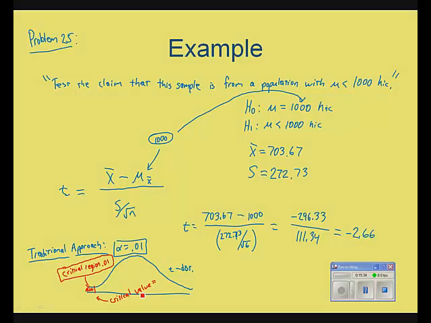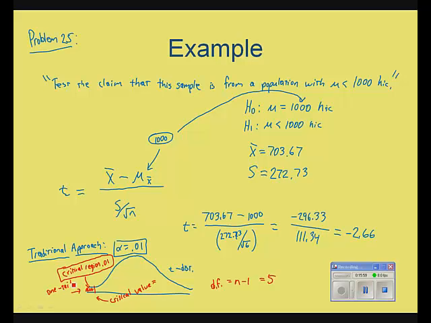5 degrees of freedom. Why 5 degrees of freedom? Okay, so we remember now that df, degrees of freedom, is n minus 1, which for us is 5. And we look on the chart. Should I be looking at the one tail or the two tails? One tail, right? Because this is a left tail. I can even see from my picture it's a one-tail test.